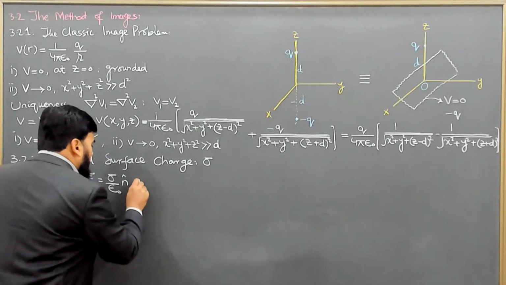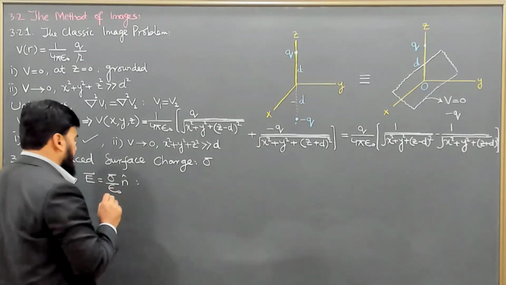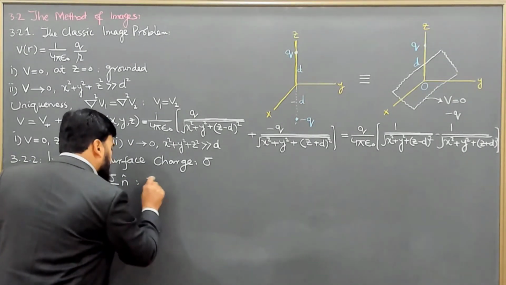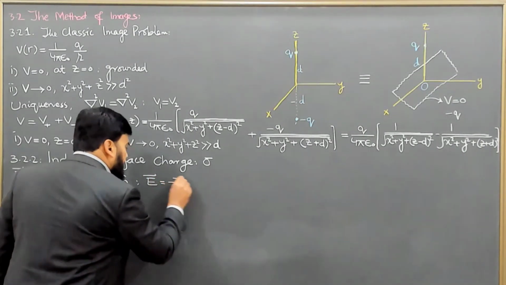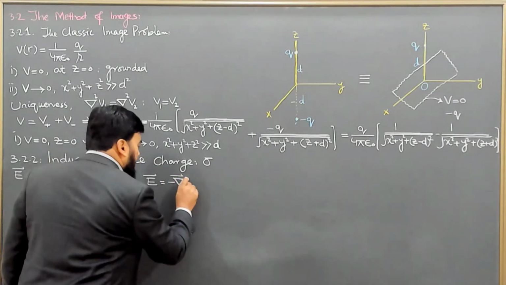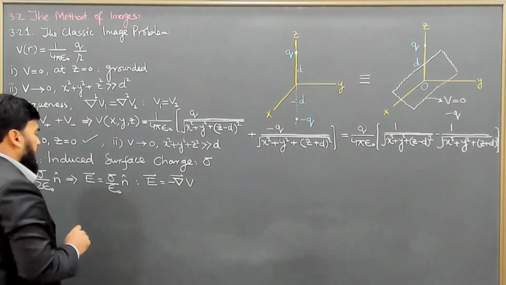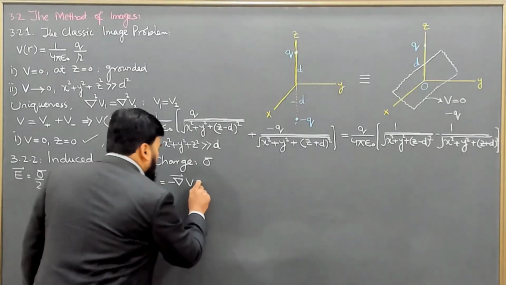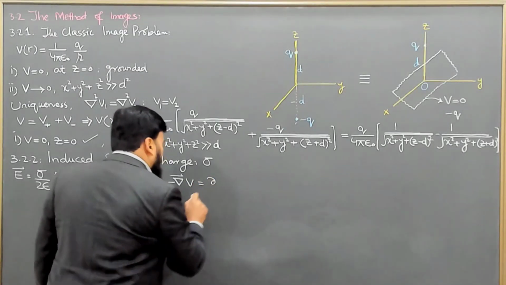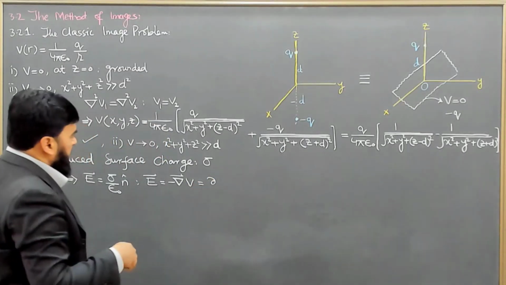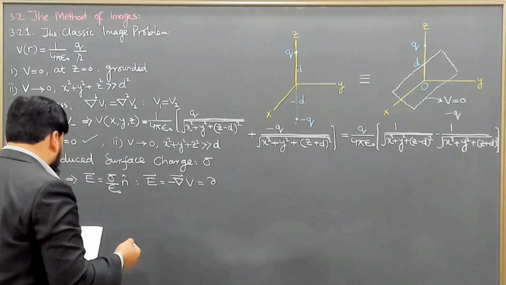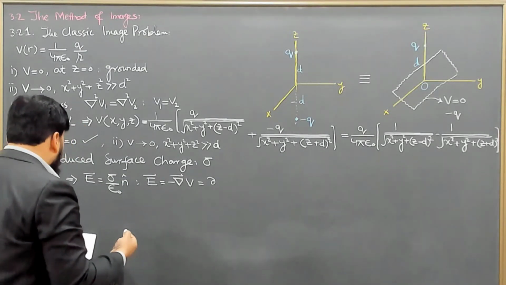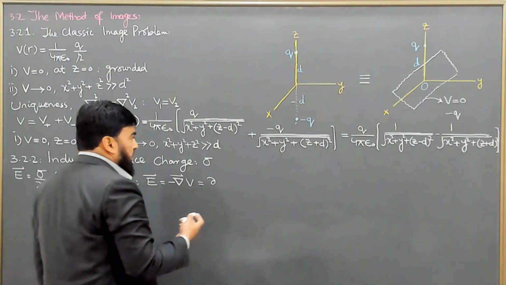Now we know from our elementary electrostatics chapter that E is equal to the negative gradient of potential V. As we are talking about this thing, let me write it in one dimension.